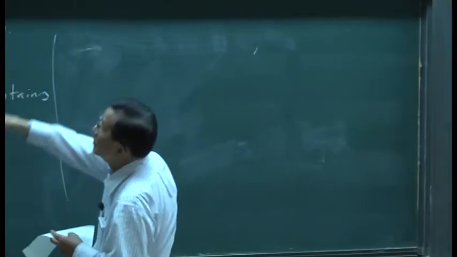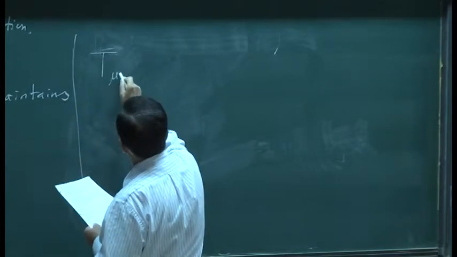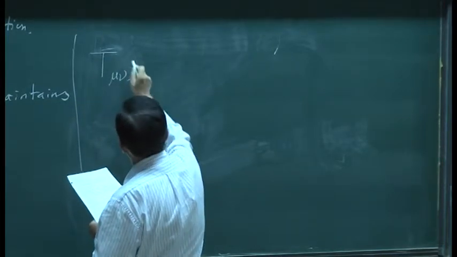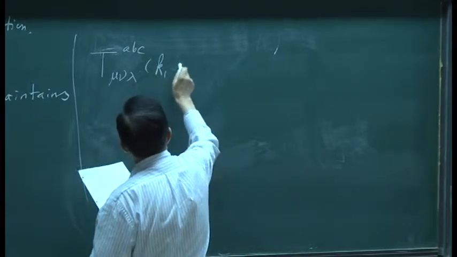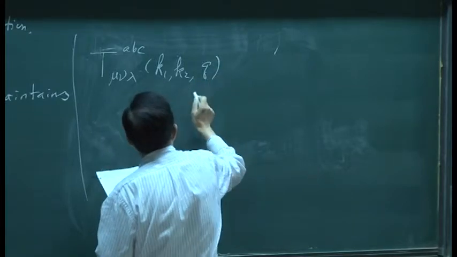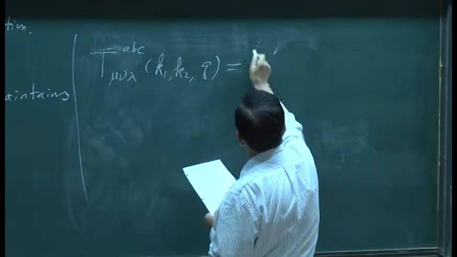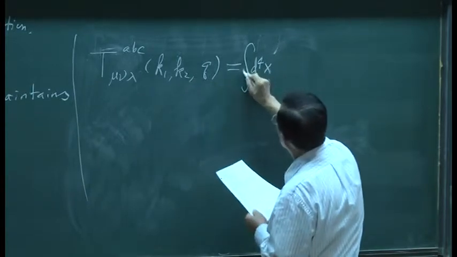So this anomaly, I'm talking about the anomaly here. You have T mu lambda, a, b, c, k1, k2, q. And this is a time-ordered product of 4 currents.